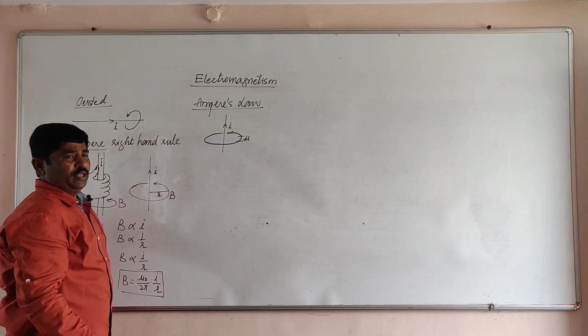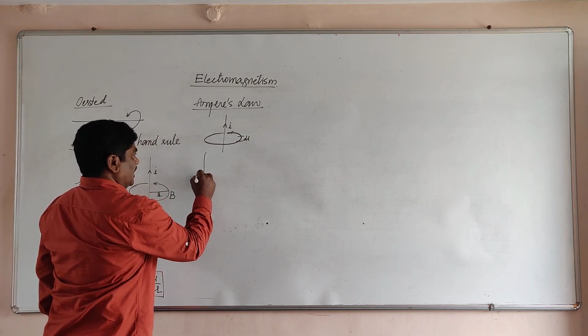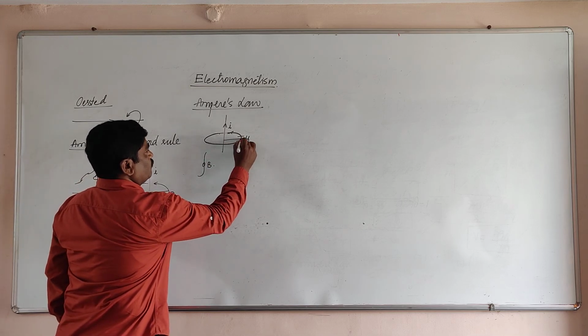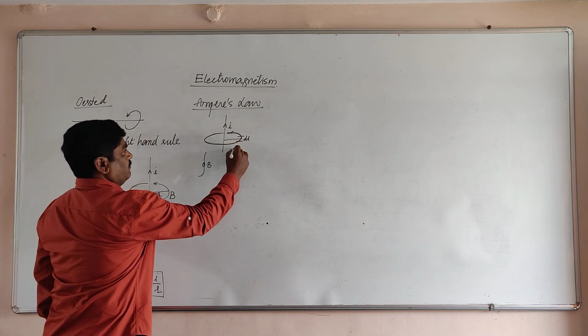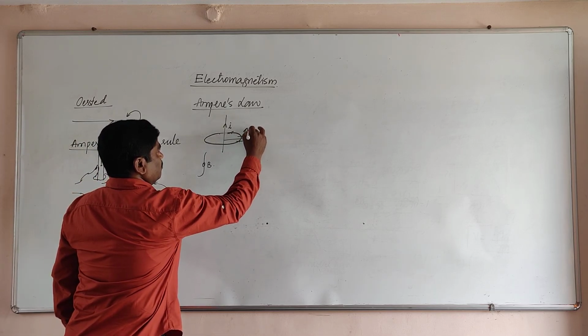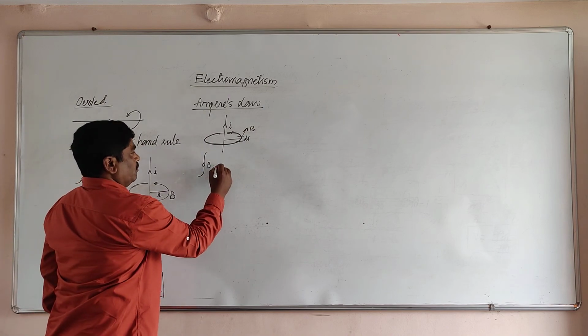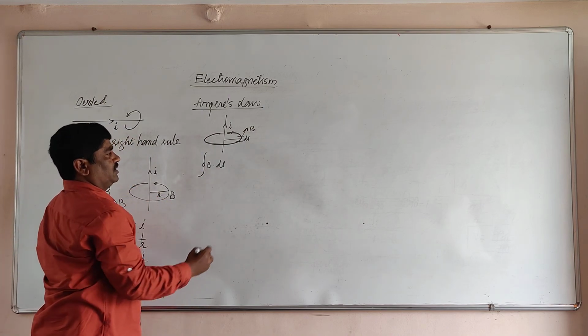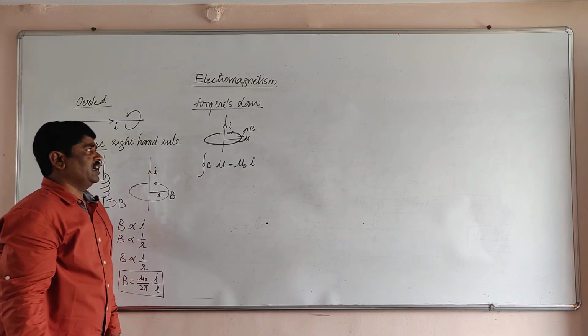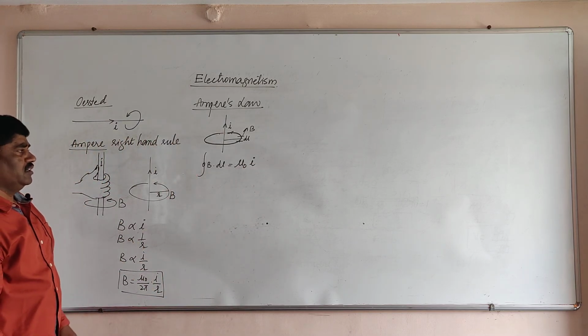Therefore the line integral of the magnetic field, which is always in a tangential path, B into the small element dl, is always equal to mu naught times the current flowing in the conductor.